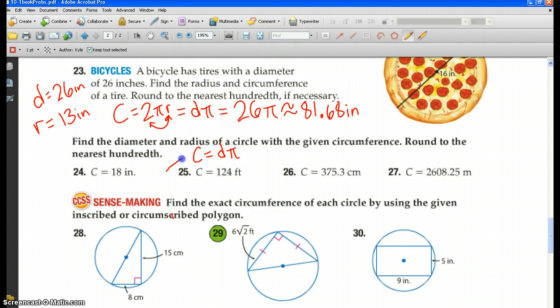If we substitute in what we're given for the circumference, which is 124, that's equal to diameter times pi, then we solve this equation for diameter by dividing both sides by pi. So pi cancels out on this side, and we're left with the diameter equals 124 divided by pi, which is approximately 39.47.